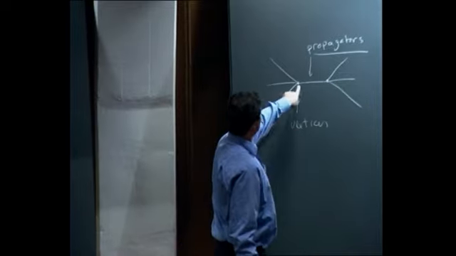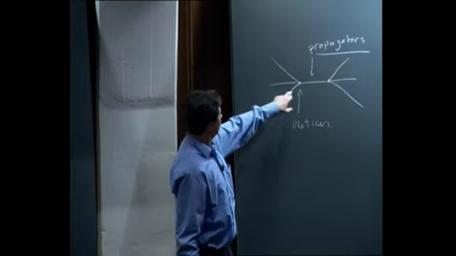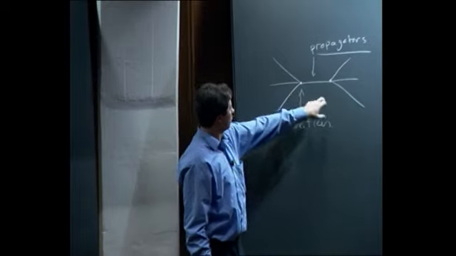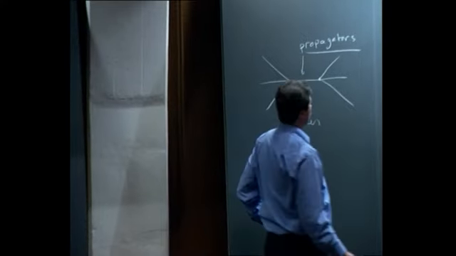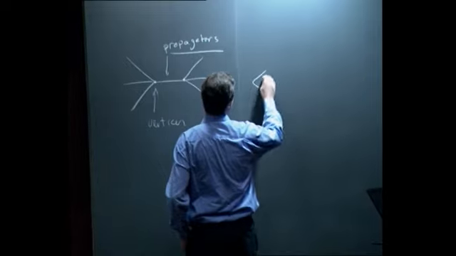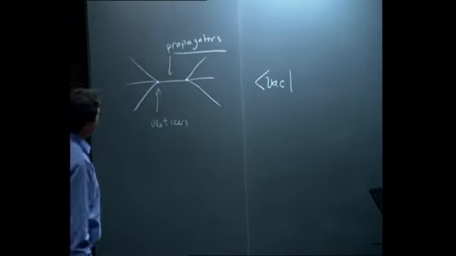The propagator, as I said, describes the propagation of a particle from one point in space and time to another point in space and time. And so it's related to the two-point amplitude between the vacuum.